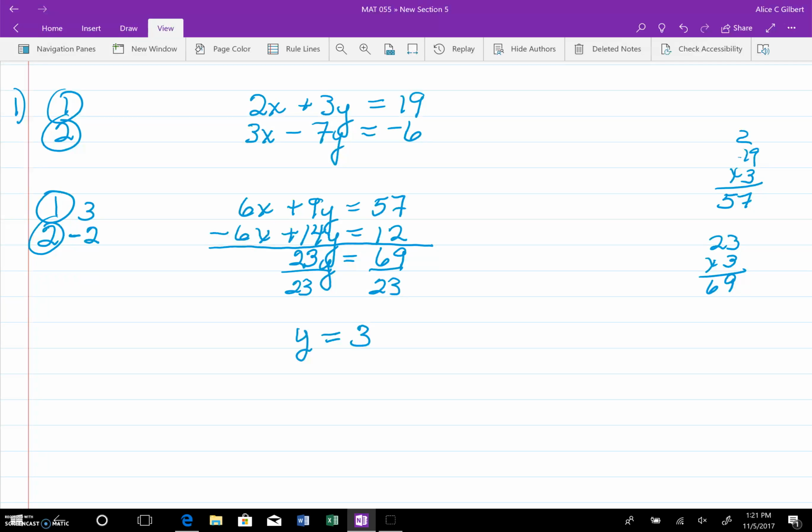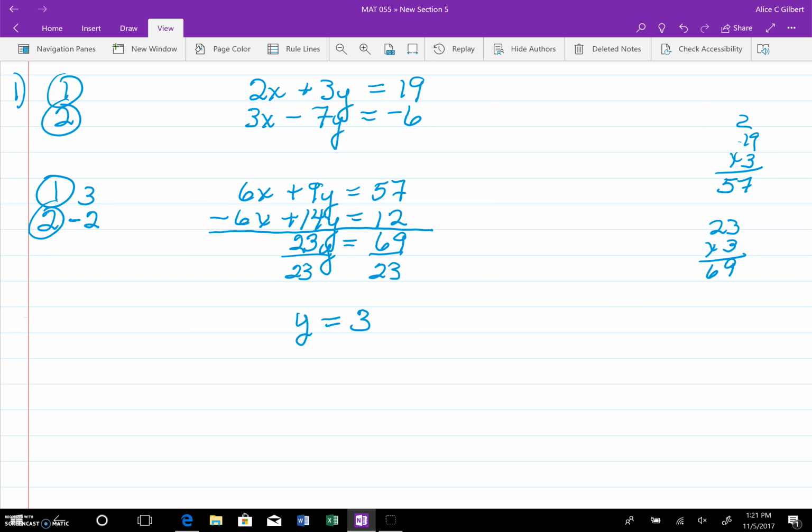So now I'm going to take this y and put it back into either equation number 1 or equation number 2. Doesn't matter, as long as I label it. I'm going to try equation number 1. 2x plus 3 times 3, because y is 3, equals 19.